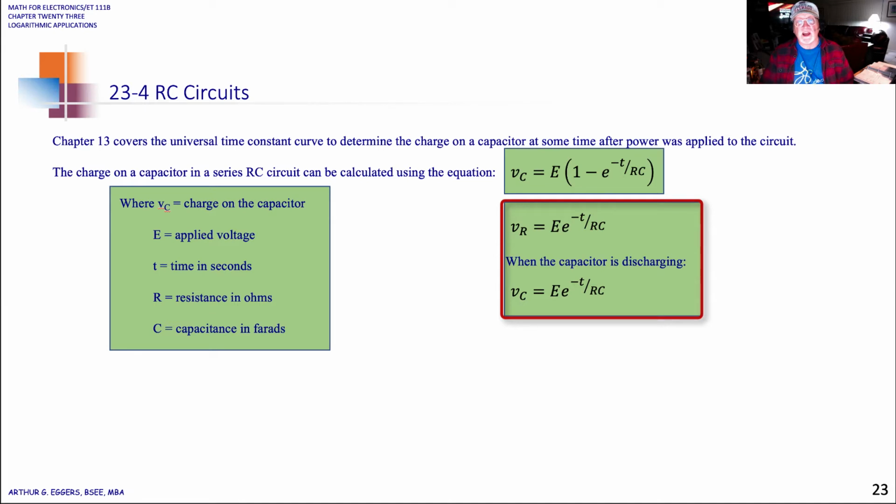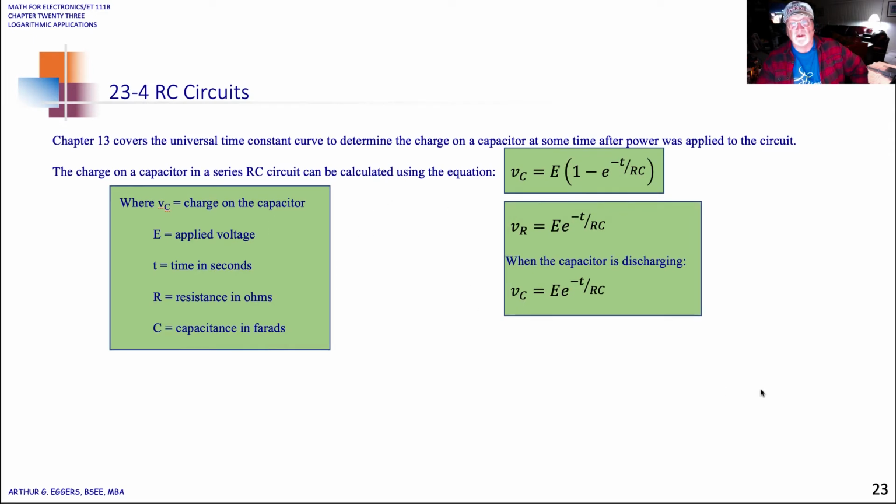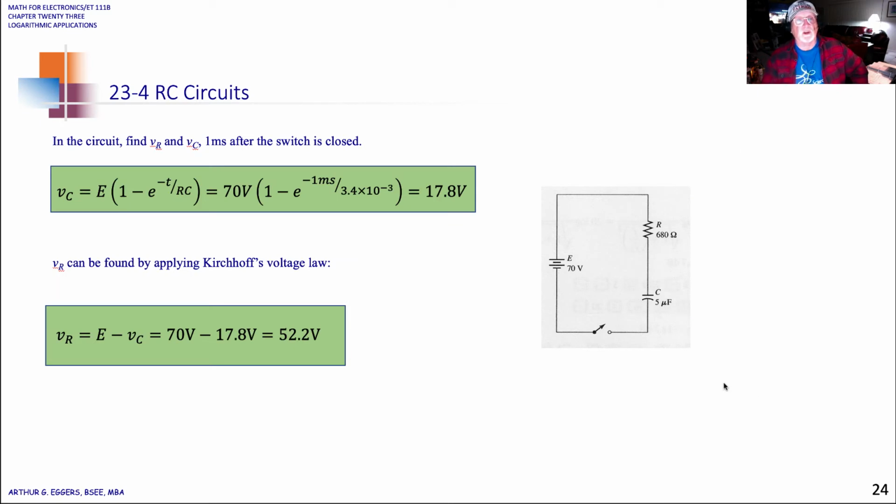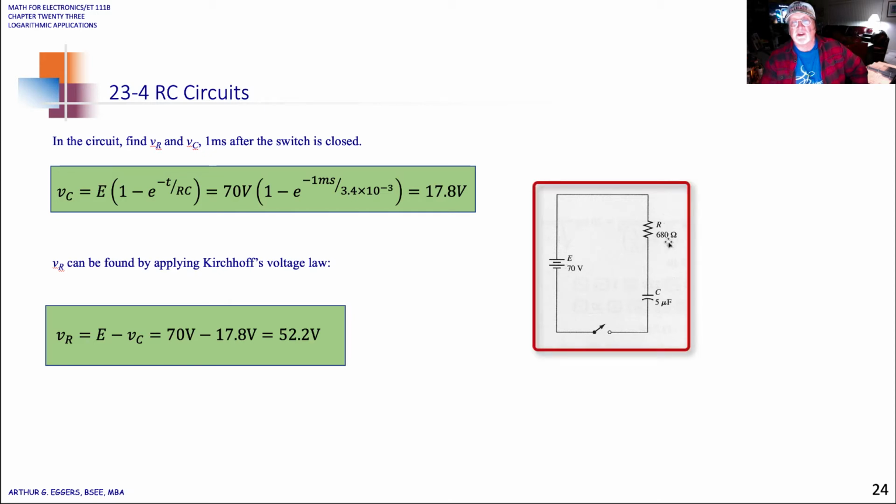And then you can see the last one when a capacitor is discharging. So we're just going to introduce here a little bit of what goes on in using e for these type relationships. In this example, we've got a source of 70 volts, a resistor of 680 ohms, and a capacitor of 5 microfarads.